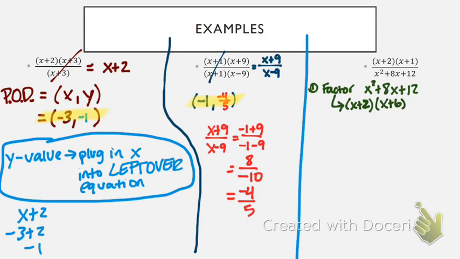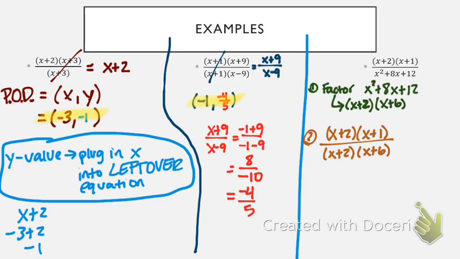But since we factored that, after I factored, my new equation is x plus 2, x plus 1, and then the denominator factored to x plus 2, x plus 6.